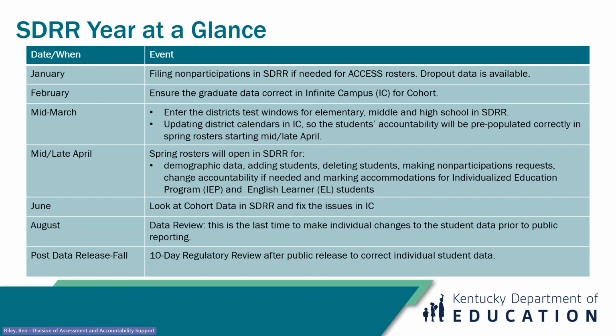As we move into April, the spring rosters open for critical demographic data adjustments. June allows us to review cohort data in SDRR, and August is dedicated to final data review before public reporting. Lastly, we have the 10-day regulatory review post-data release in the fall. Each of these milestones is integral to the successful management of student data and ensuring accountability and compliance with state educational standards.